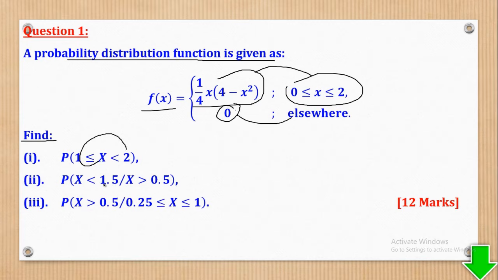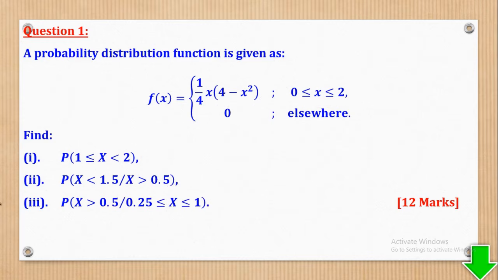Roman 2, the probability of x less than 1.5 given x greater than 0.5 has already occurred. Then Roman 3, the probability of x greater than 0.5 given x greater than or equal to 0.25 but less than or equal to 1 has already occurred. So Roman 2 and Roman 3 are conditional probabilities.